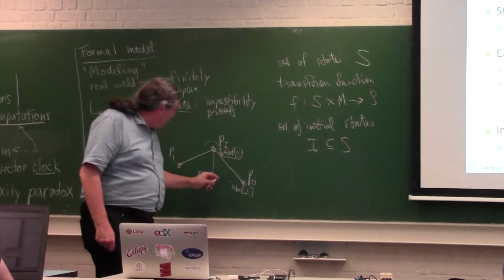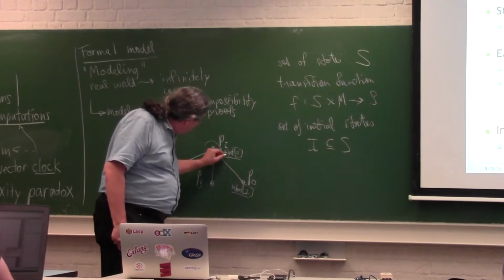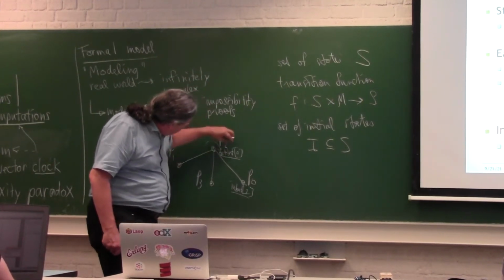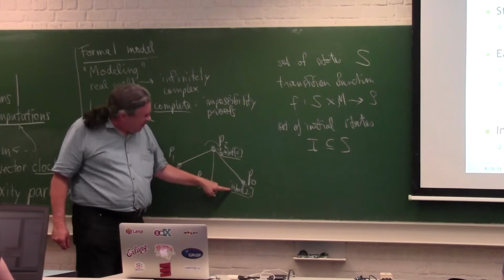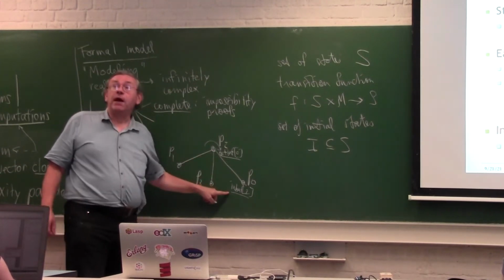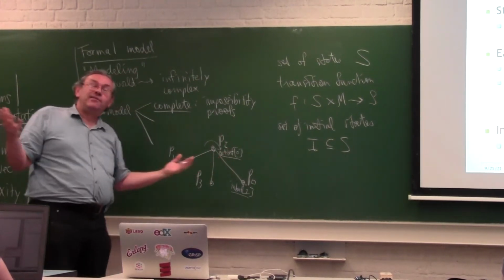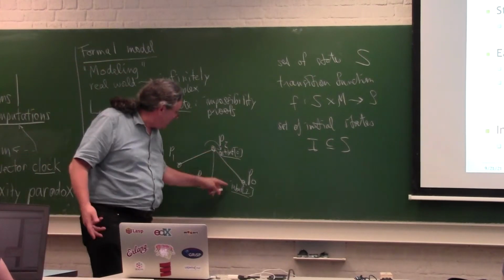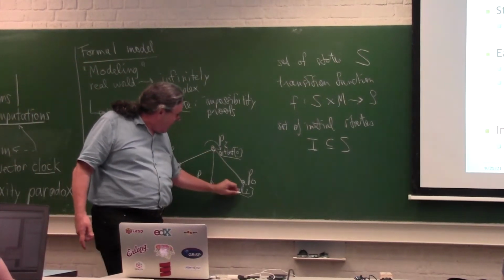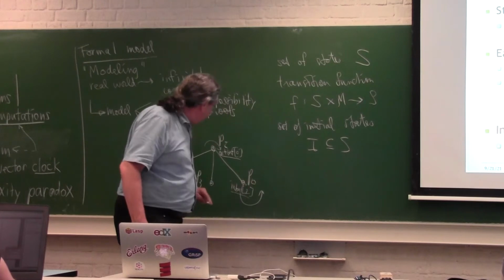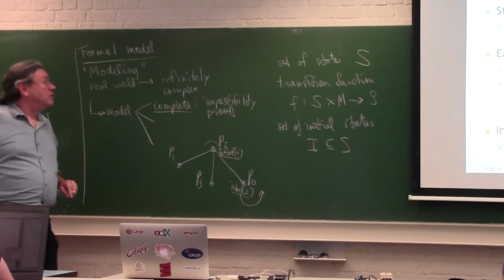And some magic rule causes the message in here to disappear and to reappear there. Boom, by magic. That's part of the model. The model is you just assume it's magic. The message appears there, and then the node can take it out and do local computation.